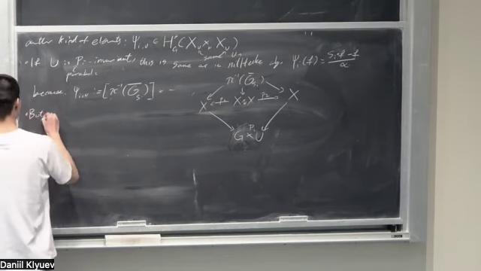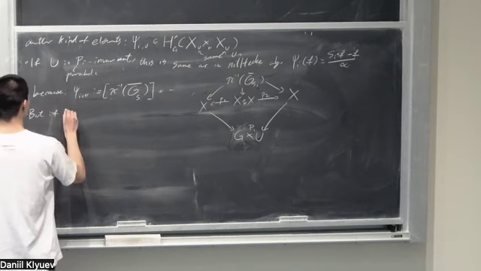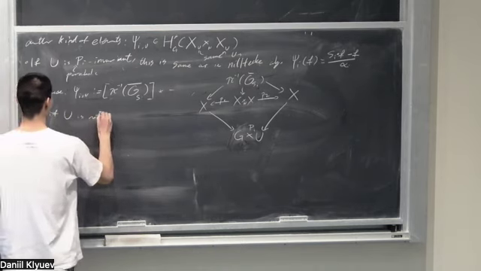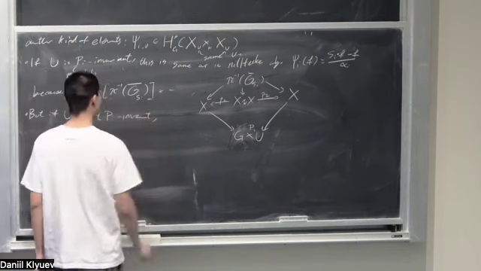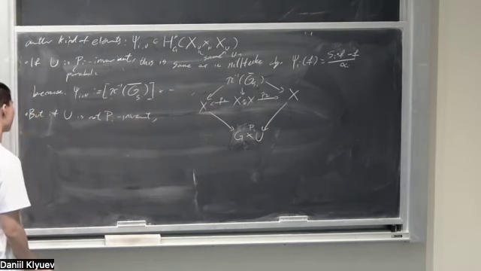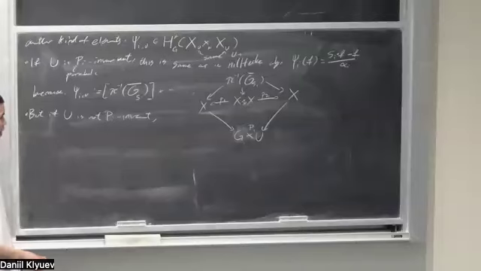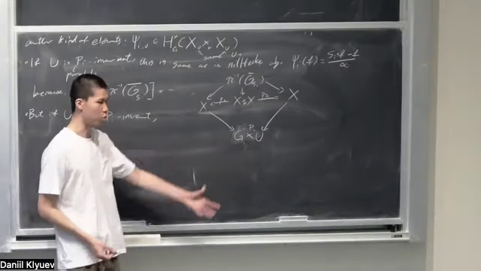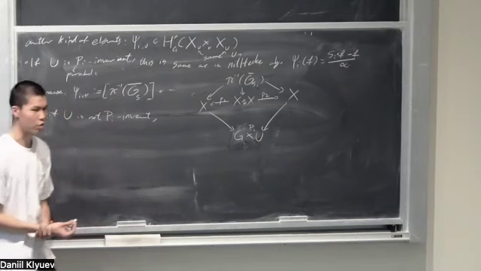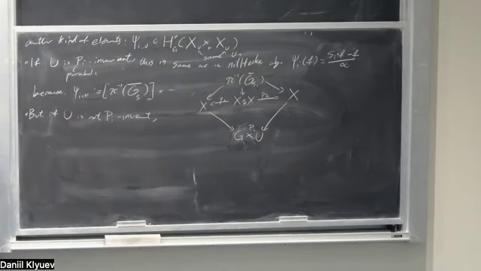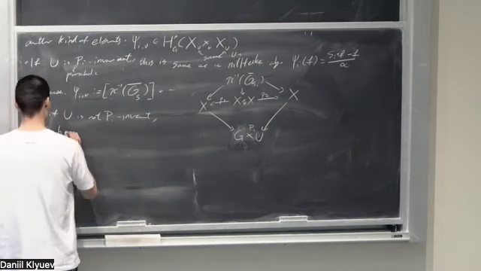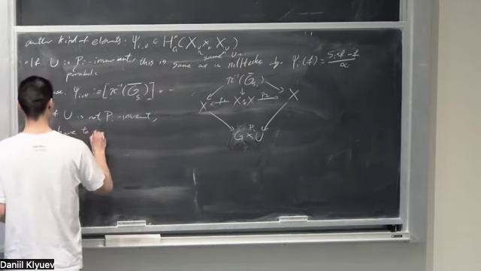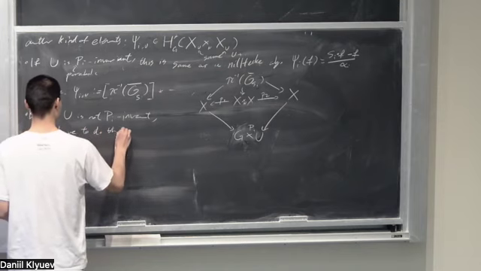But if U is not I invariant, we can't do this for reasons I don't understand. I know that I cannot make that graph because there'll be nothing to put down here, but otherwise I don't understand why I cannot do this. But it said that I cannot, so I have to do this.